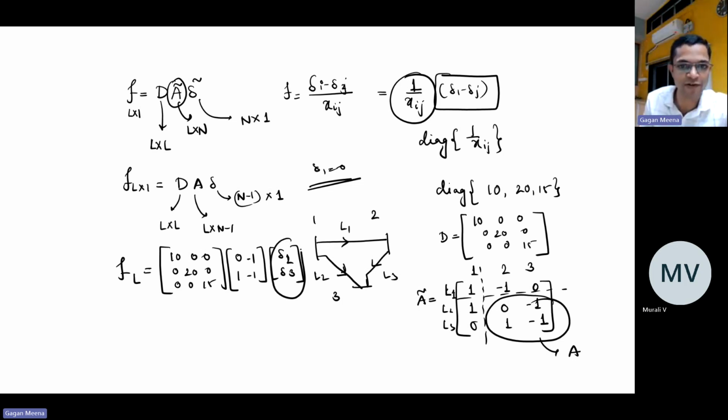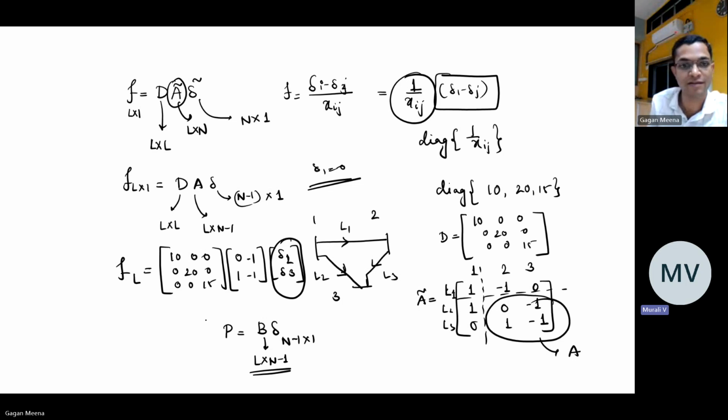But now we want to calculate delta first. So delta we can calculate. We have this B into delta. Delta is n minus 1 cross 1. So B has to be L cross, the size should be 3 by 2. Which one?